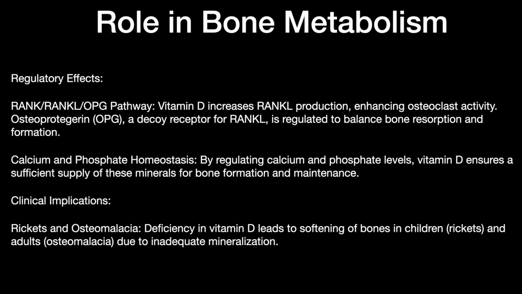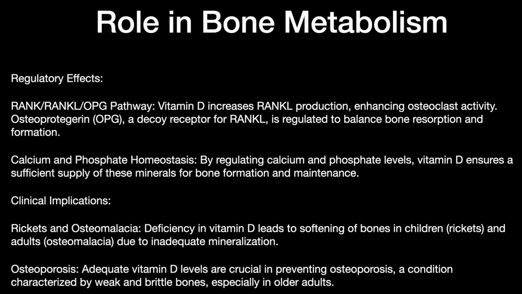The clinical importance here is that deficiency of vitamin D leads to softening of the bones in children and adults, which is because of inadequate mineralization. Then osteoporosis, where adequate vitamin D levels are crucial to prevent osteoporosis, a condition characterized by weak and brittle bones, especially in older adults. So, vitamin D has an absolutely central role in bone metabolism.